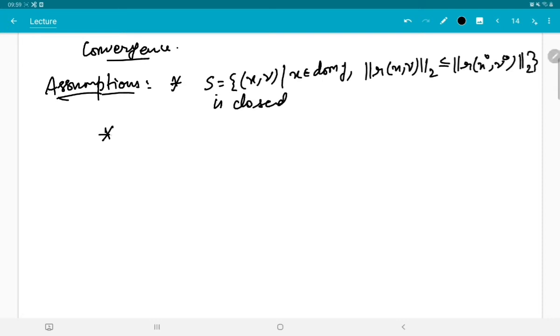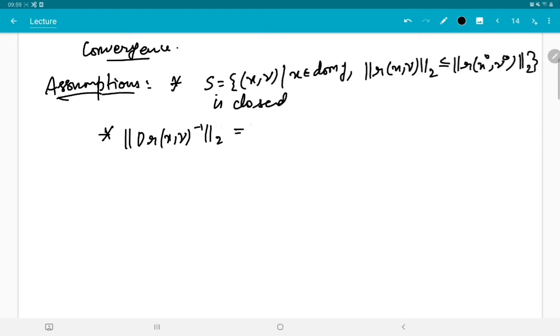The second assumption is similar to the inverse KKT norm boundedness. We have Dr, the derivative of the residue. We have seen that Dr of x and nu is the KKT matrix.